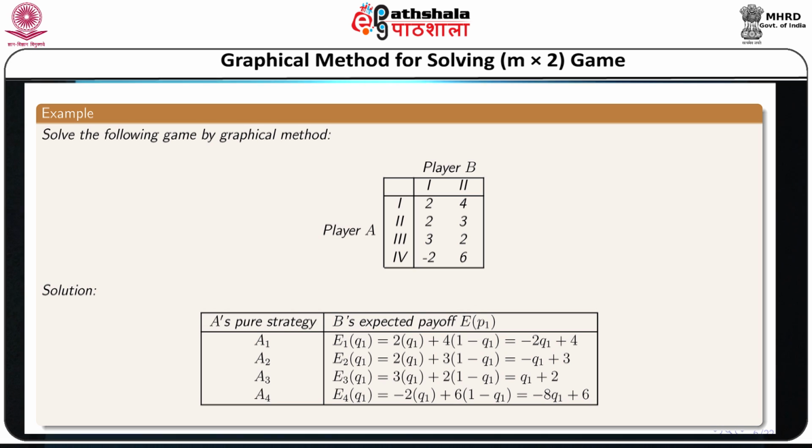To use the graphical method, we calculate B's expected payoff for A's pure strategies A1, A2, A3 and A4, and B's expected payoffs are calculated as E1(Q1), E2(Q1), E3(Q1) and E4(Q1) respectively.